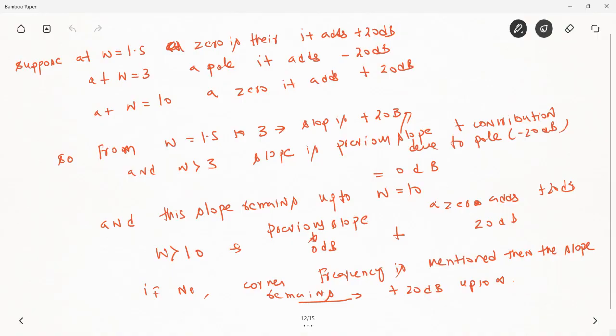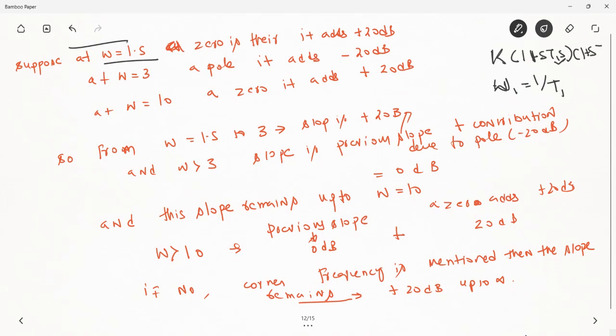Now see, suppose we have omega equal to 1.5, any frequency. I had put this in the form 1 plus s T1 of s. This is called a corner frequency, so this frequency omega 1 would be equal to 1 by T1.